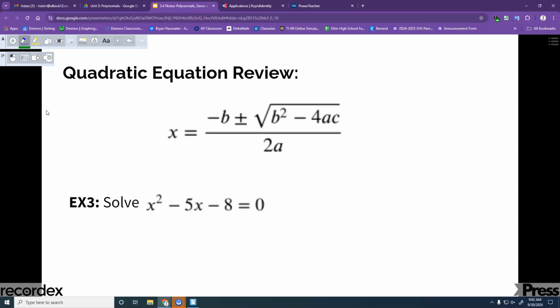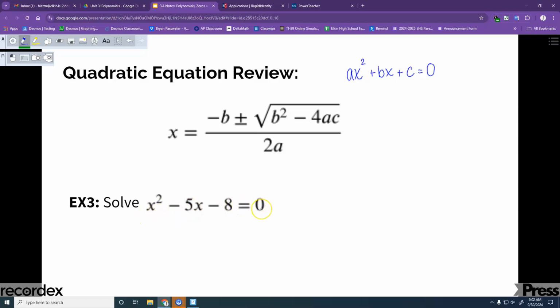So if you don't know the quadratic formula, there are lots of songs that you could learn it with. But whenever we're using the quadratic formula, we always have to have our equation in the form ax squared plus bx plus c equals 0. In this problem, we almost have it perfect.